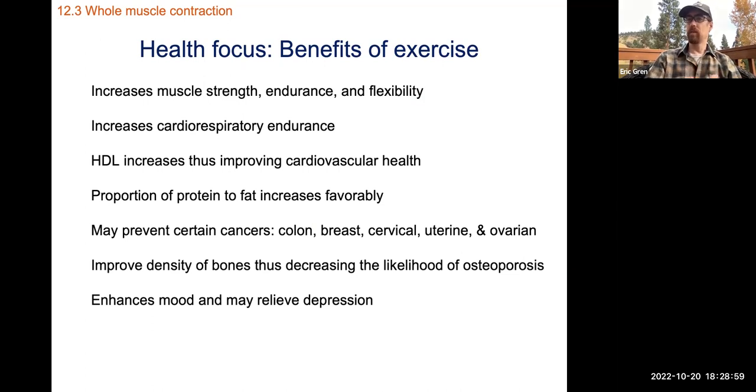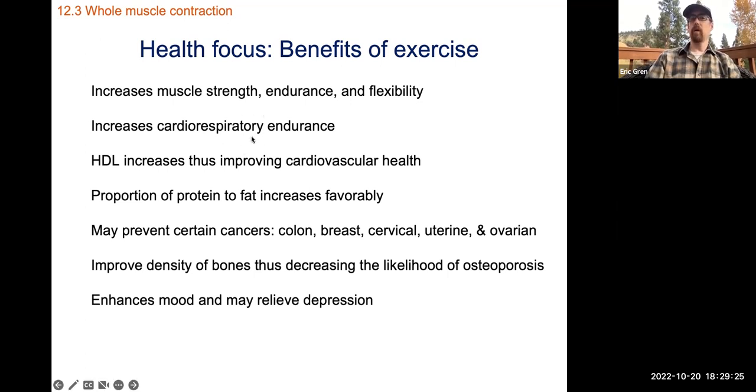If you lift weights consistently, you're going to find that your strength increases and you're able to lift consistently increasing amounts of weight. So you're improving the strength of your muscle. You also improve the endurance of your muscle and the flexibility. Those are all benefits of exercising.